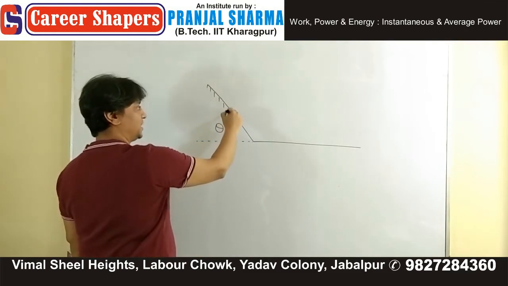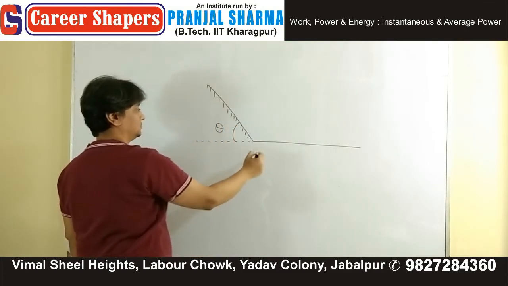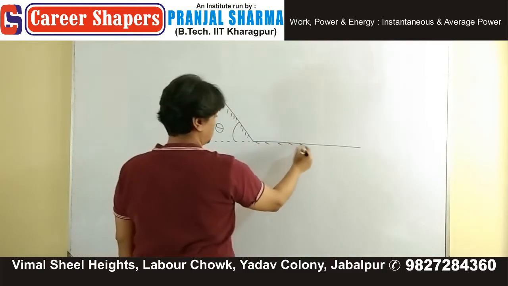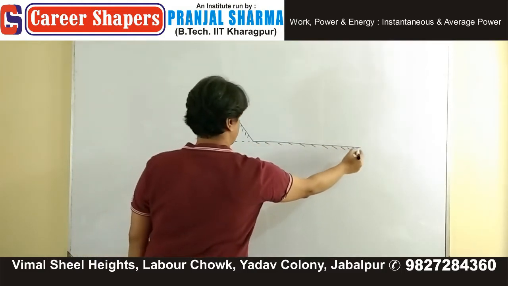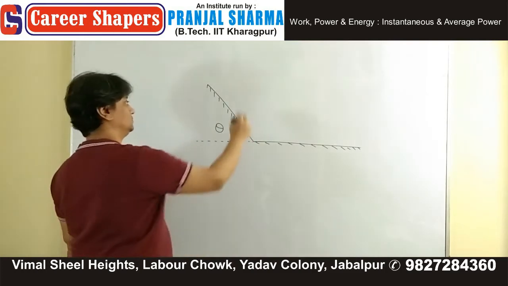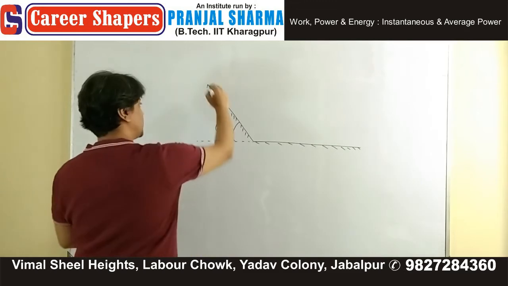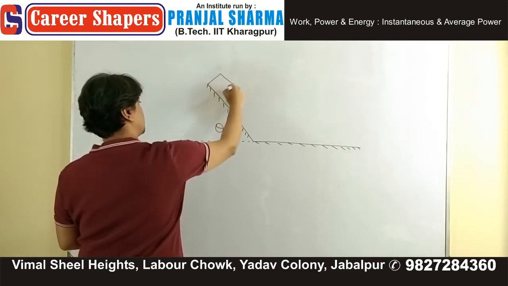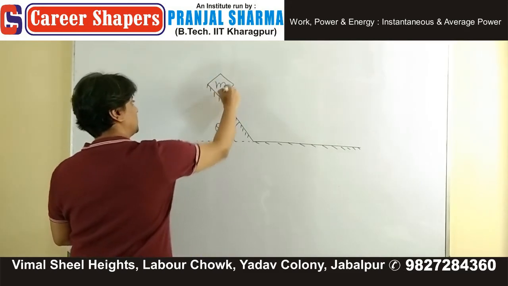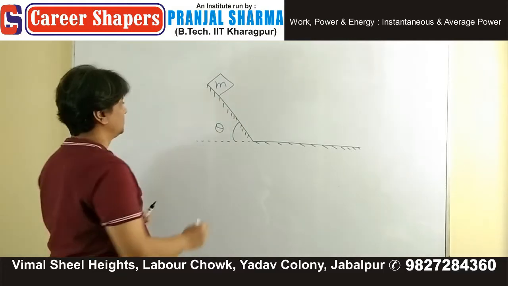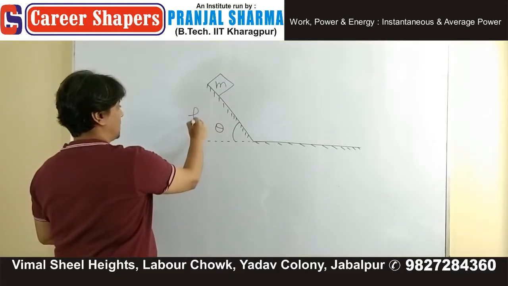It's a rough incline, and this surface is also rough. A block of mass m is released from height h.